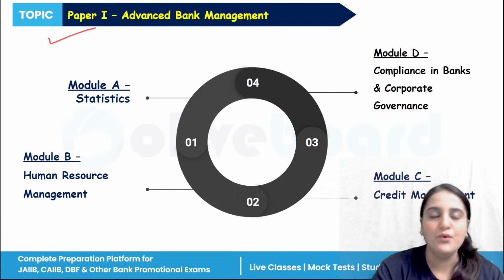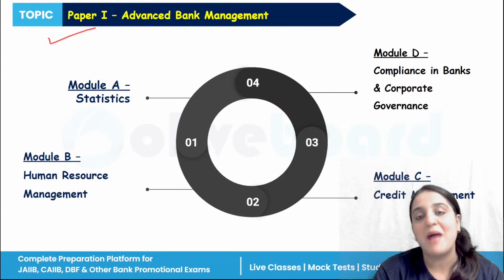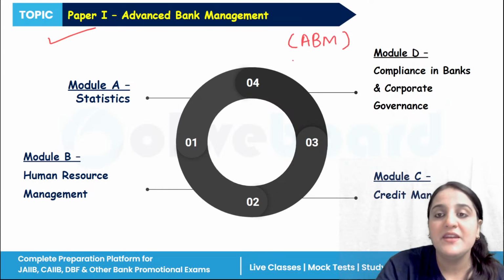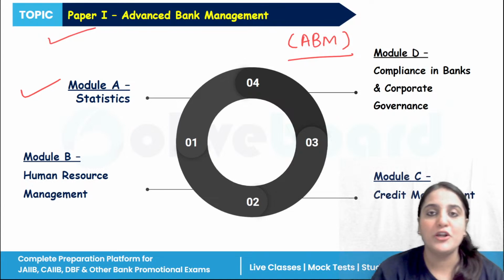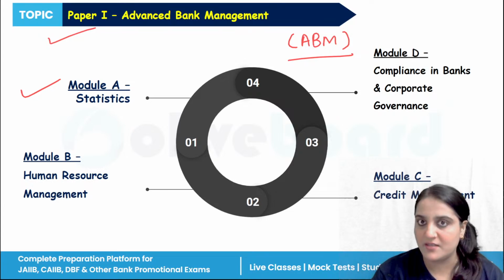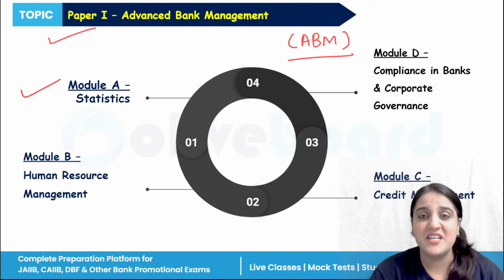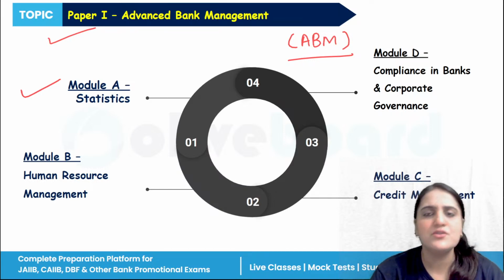Simple overview. Paper 1 is called Advanced Bank Management. In short, we say this as ABM. In this you will see module A is dealing with the statistics portion, in which you will learn how to find the mean, median, standard deviation and so many things.